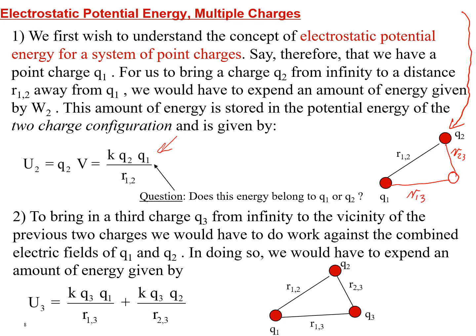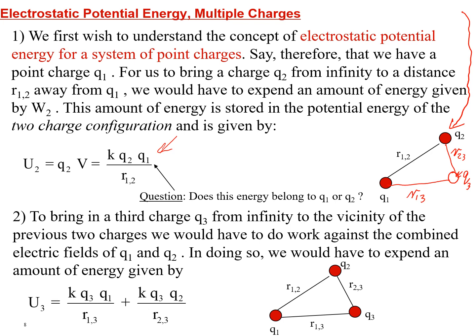In other words, I'm going to go ahead and take the charge Q3, bring it from infinity all the way to this location out here. And so this is the charge Q3 at the location to which we have brought it. We have to then ask how much energy has been expended to bring this charge to its current location.